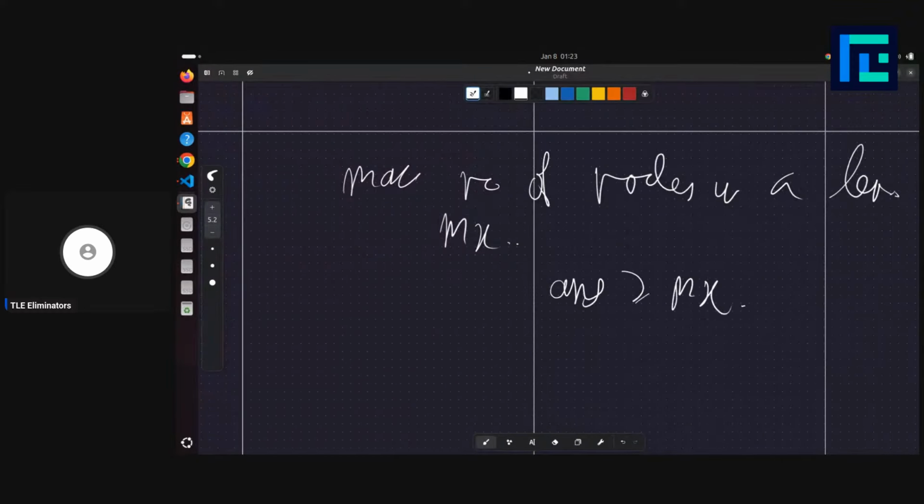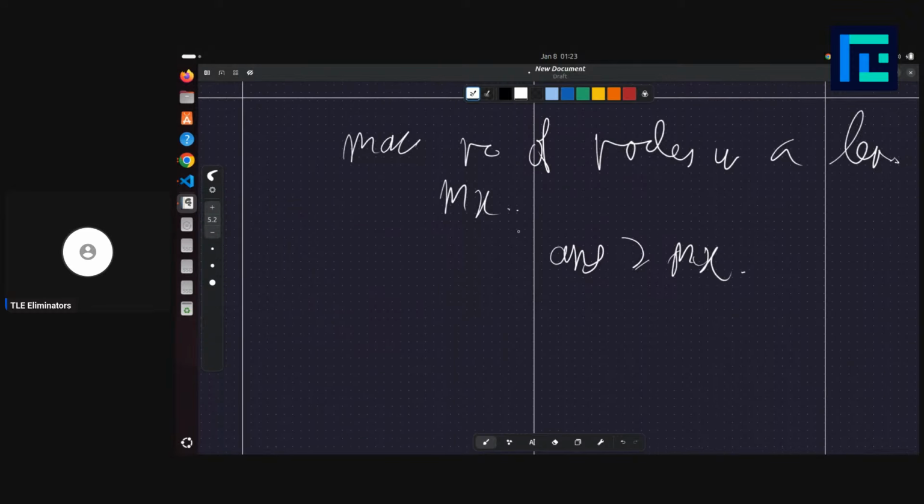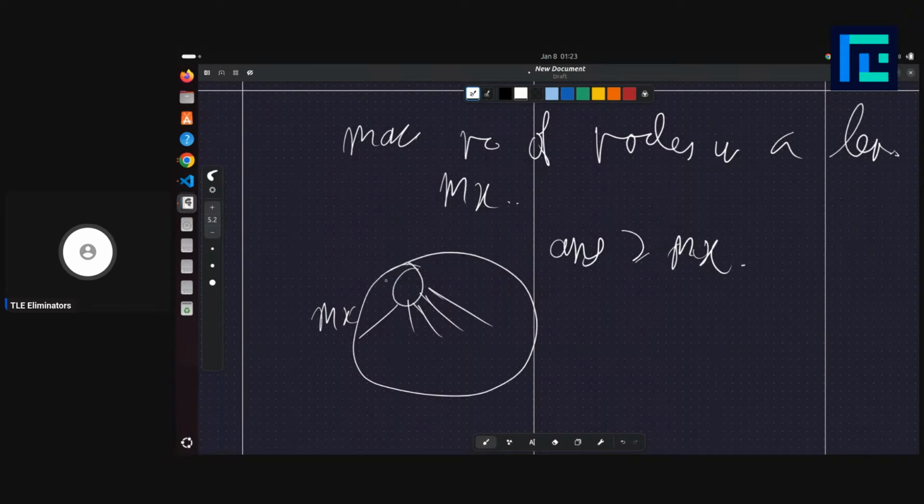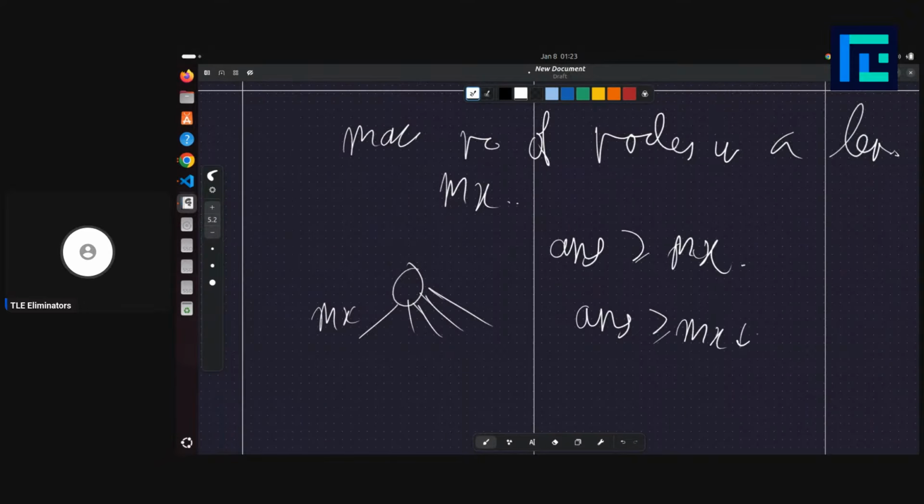That is what we know. And we also know that if there is some node which has mx children, then of course we cannot color all of these nodes in one move. So the answer is definitely at least mx plus 1. But the question now is, can we do it in these many moves?